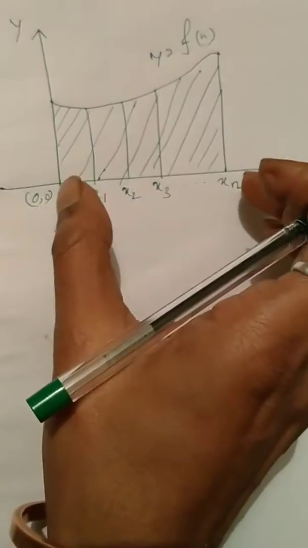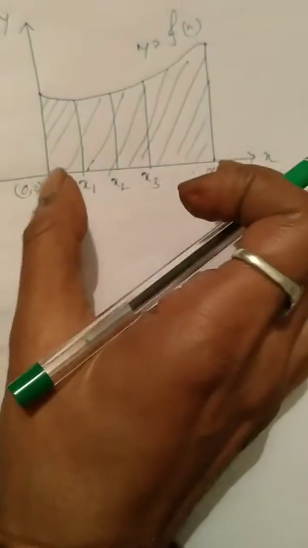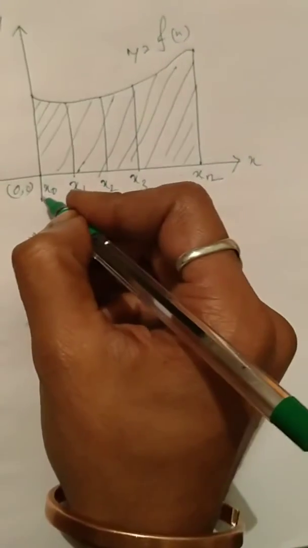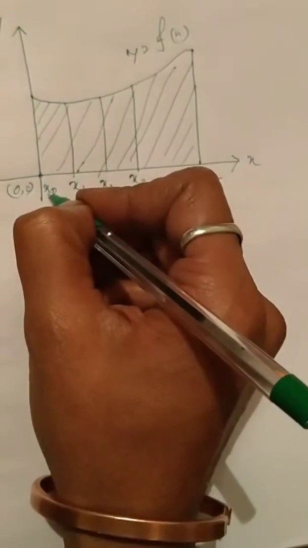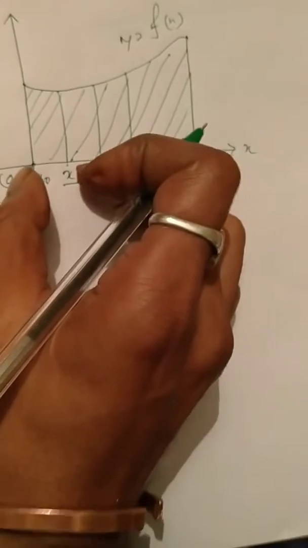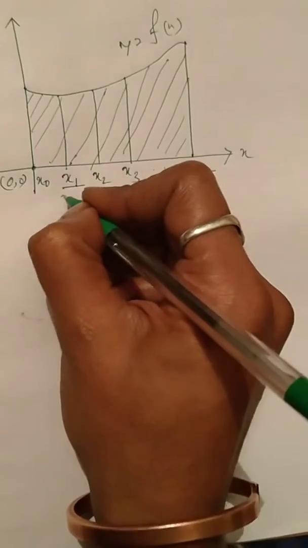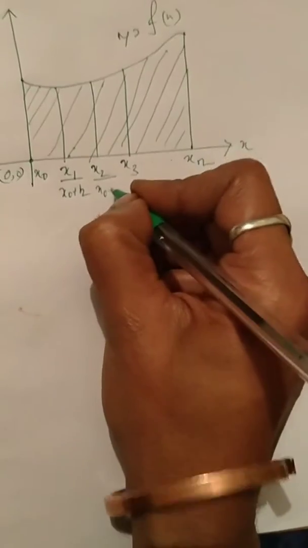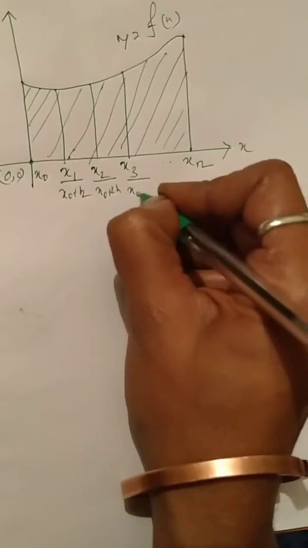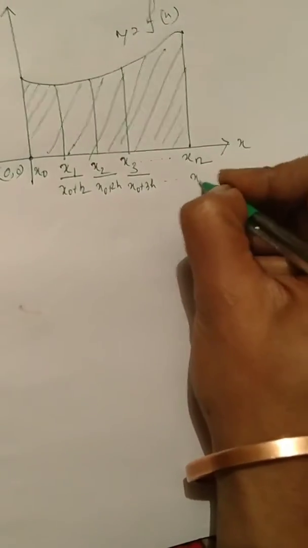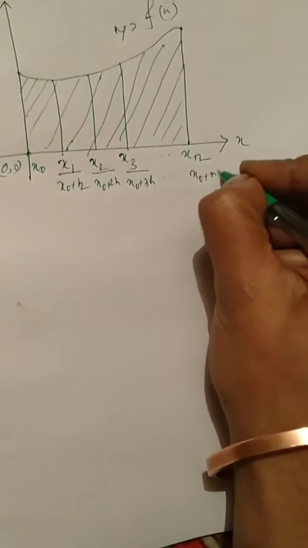The condition is that we have divided this space into equal parts. So x0, then next is x1. As this is all equally spaced, we can say this is x0 plus h, this will be x0 plus 2h, this will be x0 plus 3h. So definitely this will be x0 plus nh.